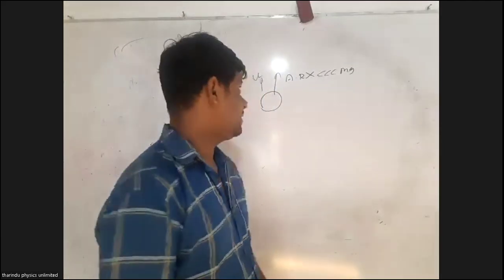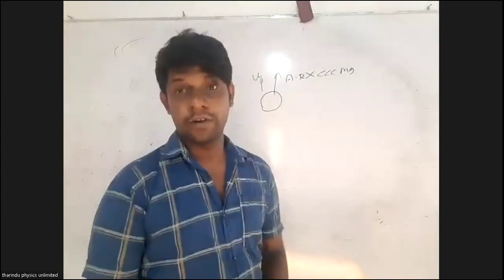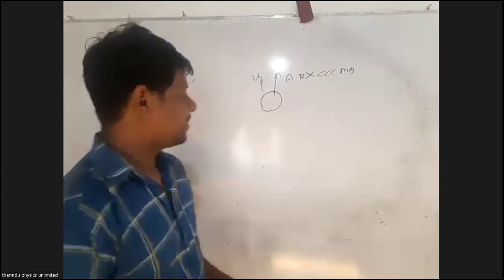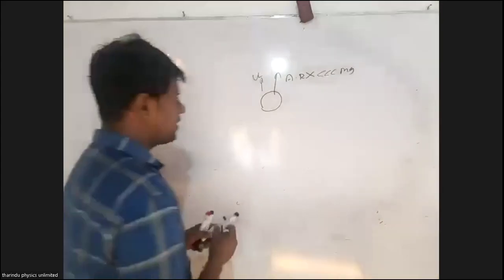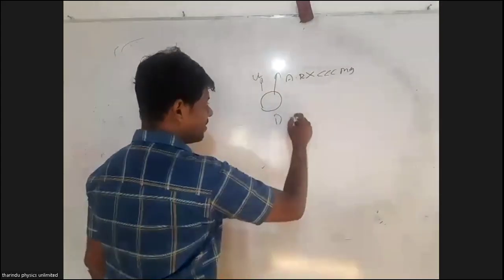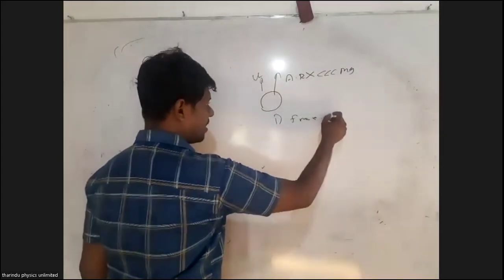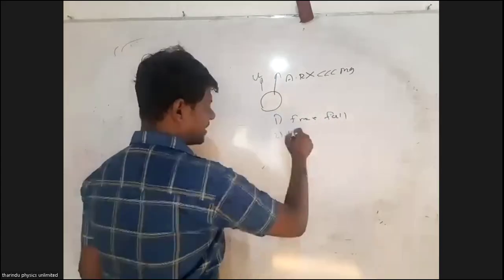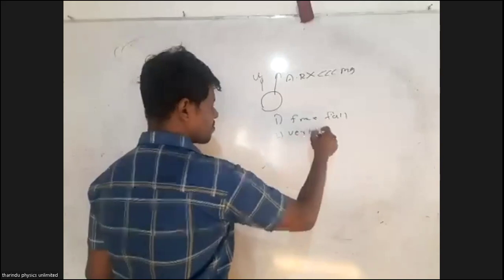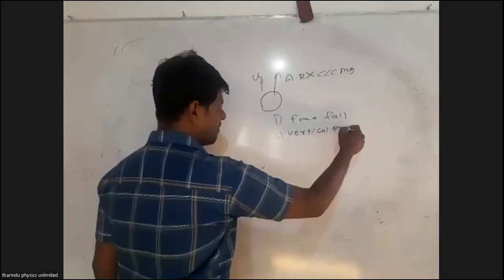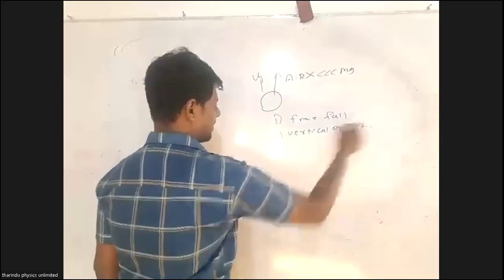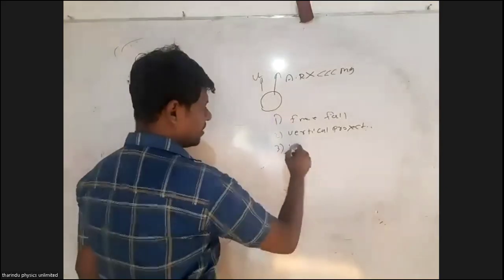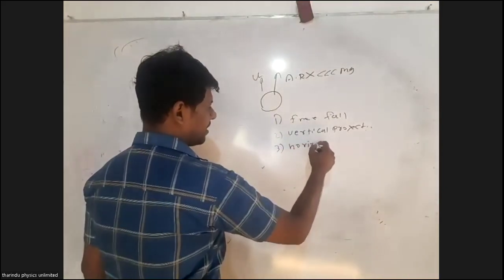Look carefully. 4 different types. Number 1, free fall. Number 2, vertical projectile. Number 3, horizontal projectile.